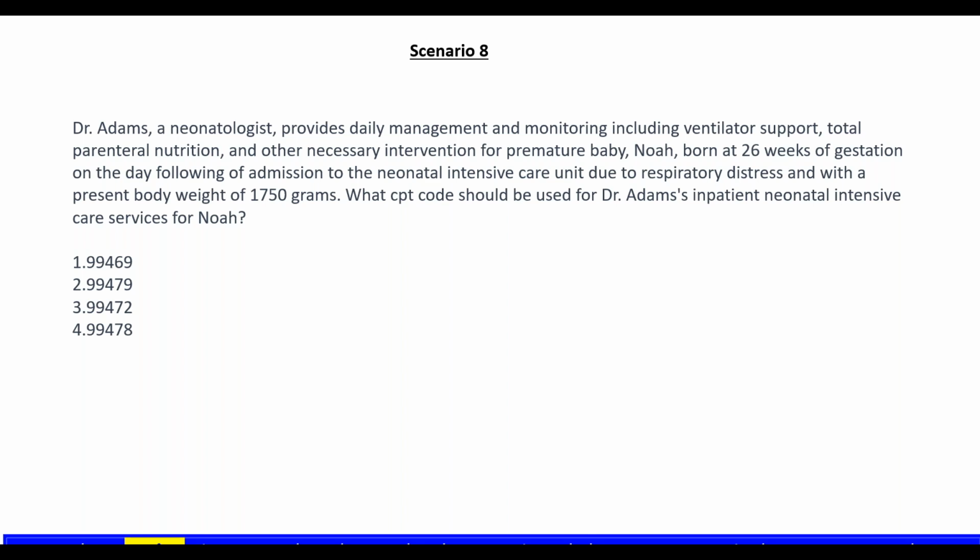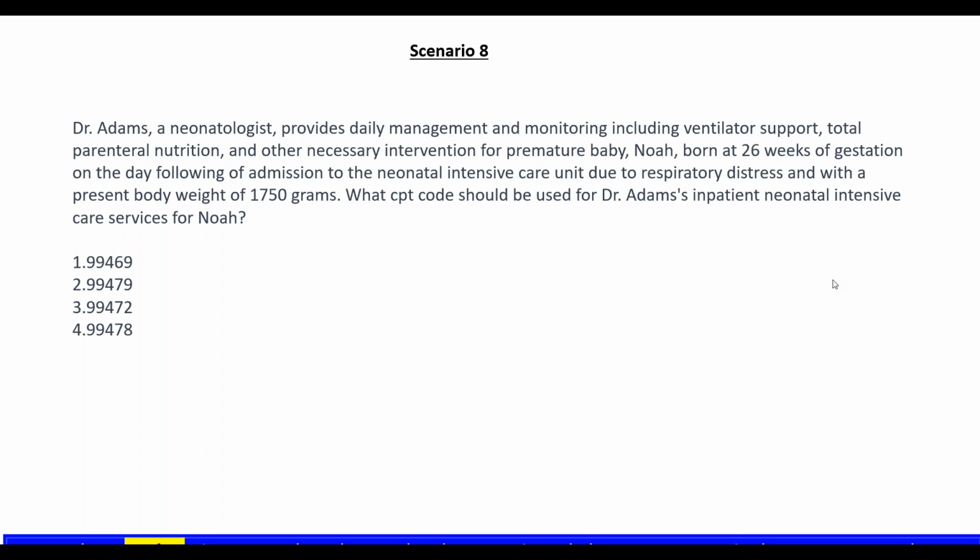Dr. Adams, a neonatologist, provided daily management and monitoring, including ventilator support, total parenteral nutrition, and other necessary interventions for premature baby Noah, born at 26 weeks of gestation, on the day following admission to the neonatal intensive care unit due to respiratory distress, with a present body weight of 1,750 grams.